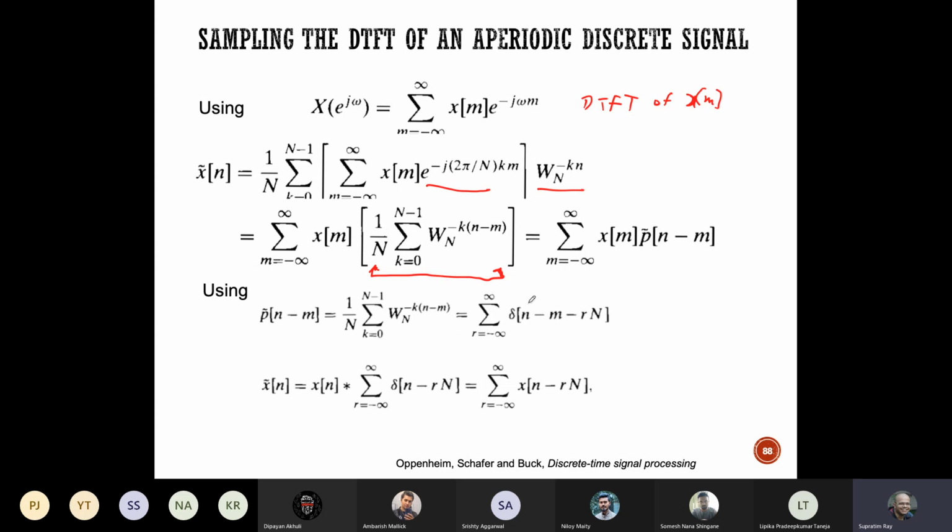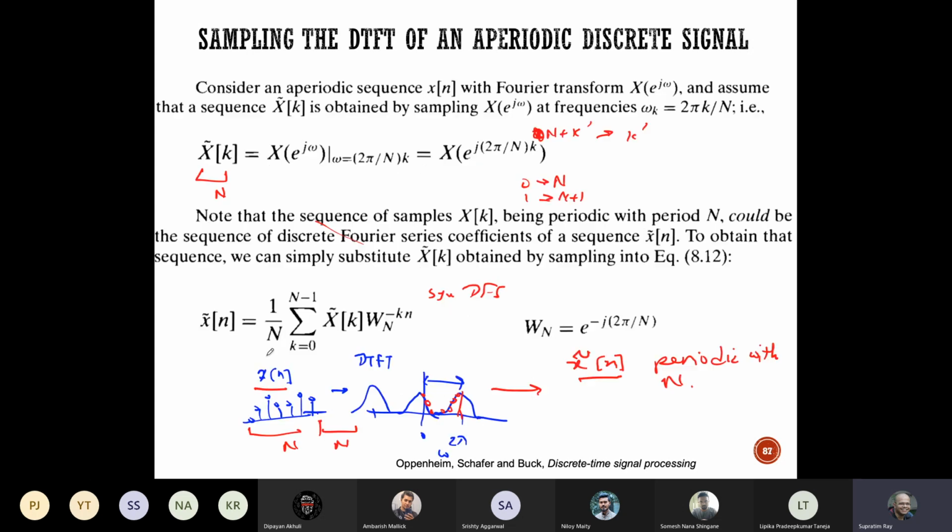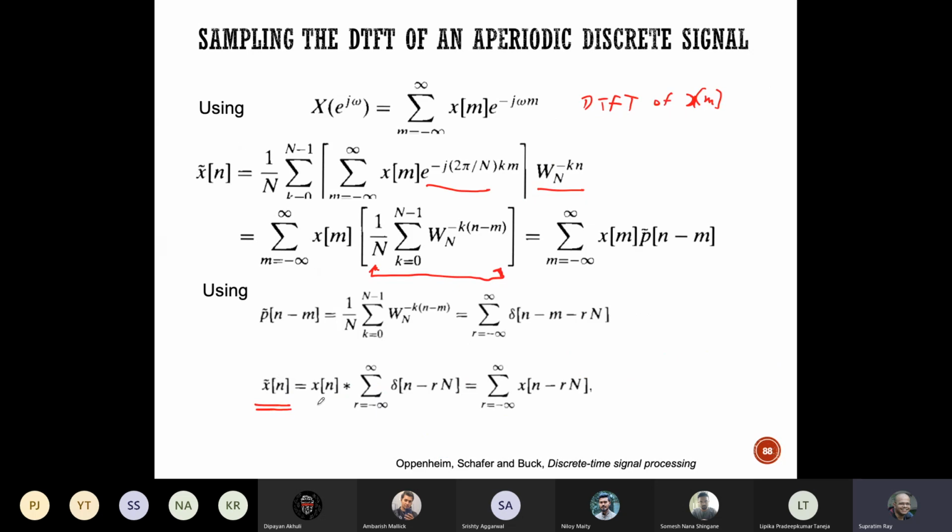We are out of time, but essentially, if you believe this for now, you can actually prove that the periodic signal that I can construct by sampling the DTFT is nothing but the original signal shifted and added. So it's basically just the same signal with copies of itself. The same signal that keeps repeating. That's this.